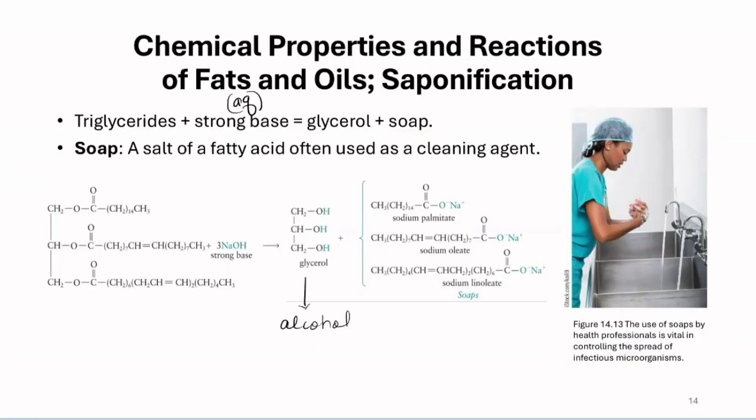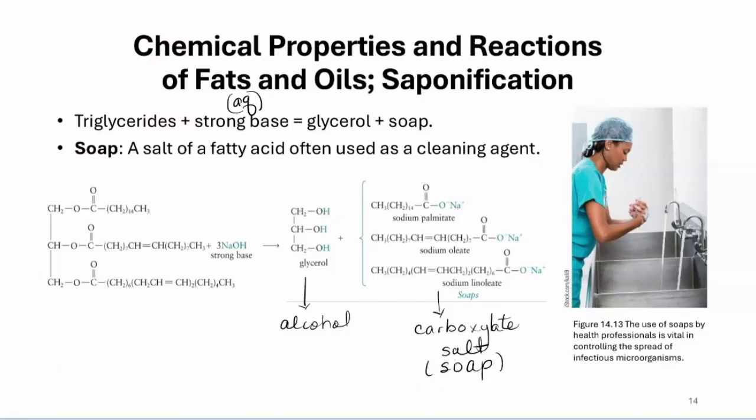And these soaps are just another form of a carboxylate salt. A carboxylate salt, in the case of this type of hydrolysis of a triglyceride, is going to be the soap.